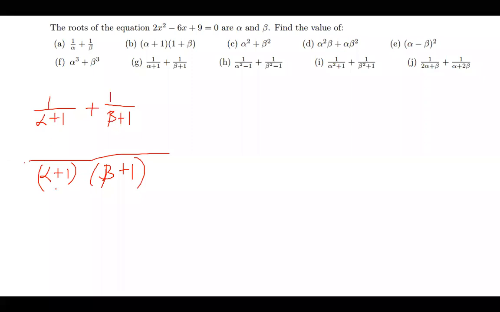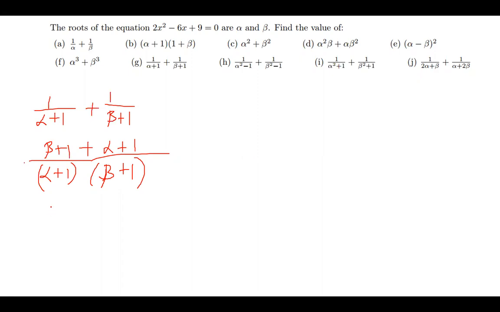Then alpha plus 1 into alpha plus 1, you remain with that. Multiplied by 1, you're going to have this, and then the plus will come there. Then we divide that, and you're going to have your alpha plus 1.